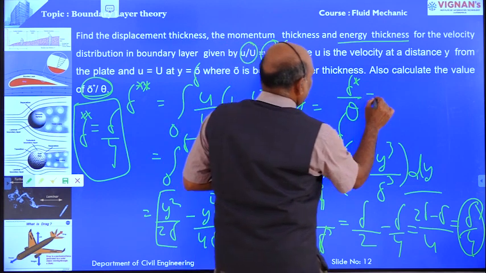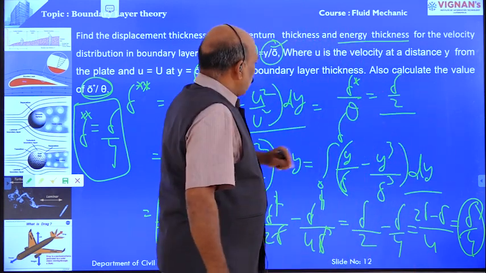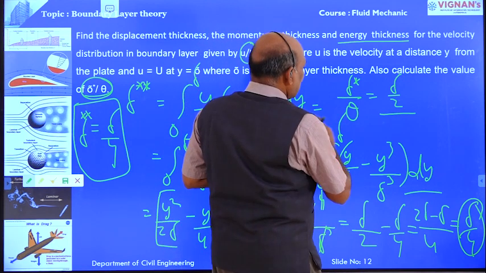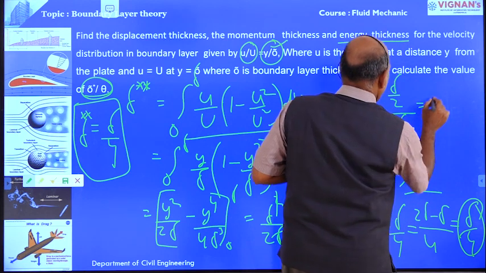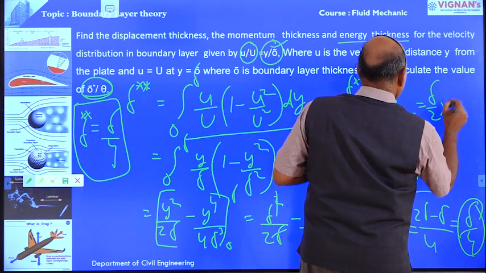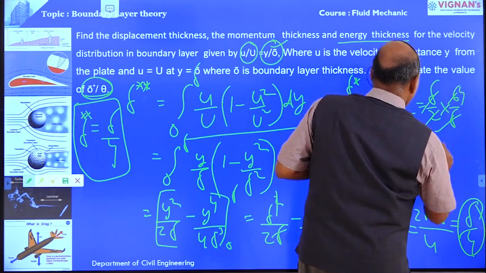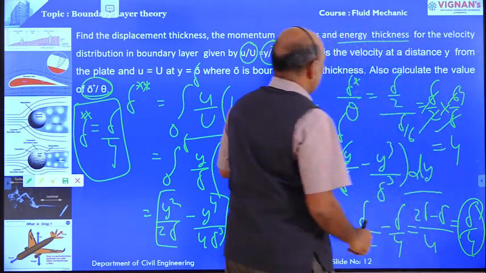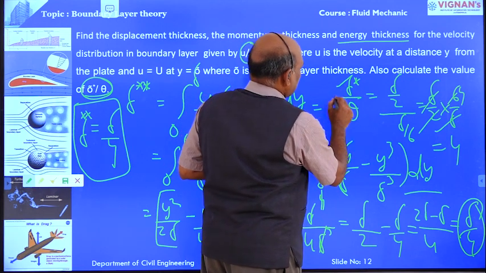The displacement thickness is delta by 2, divided by the momentum thickness, which we have already determined as delta by 6. This is equal to delta by 2 into 6 by delta, delta gets cancelled, giving 3. Hmm, as stated: this is equal to 4. Displacement thickness by momentum thickness is equal to 4.